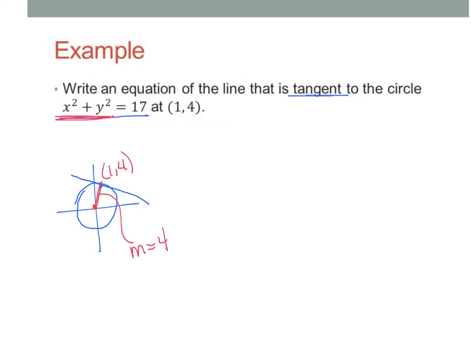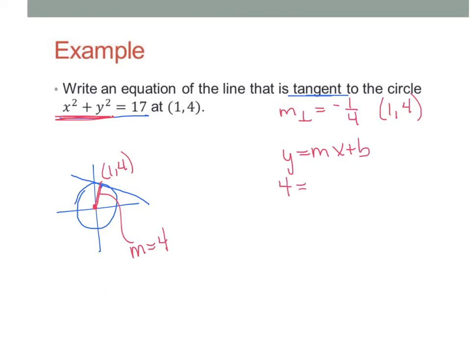So my tangent line is going to have a slope that's negative 1/4, because it's going to have to be the opposite reciprocal. And we know it's going to go through this point. So you can use either point slope or slope intercept. I think most of you are liking slope intercept. So we have to solve for b.